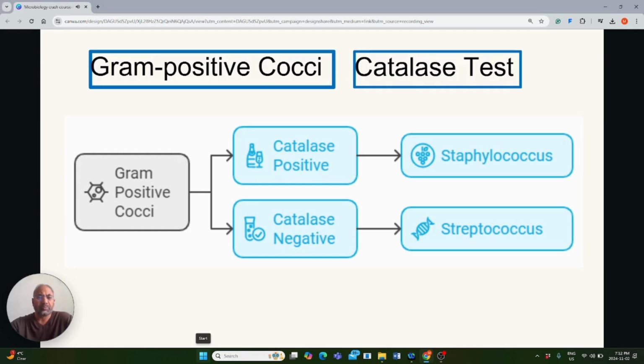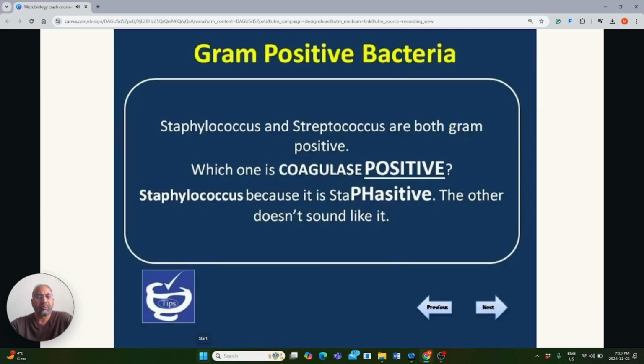If it is catalase positive, then the organism is probably a Staphylococcus. And if it is catalase negative, it's a Streptococcus. So catalase positive staph, catalase negative strep. Simple? Okay. Next we can come to our previous slide, which talked about another test, the coagulase.